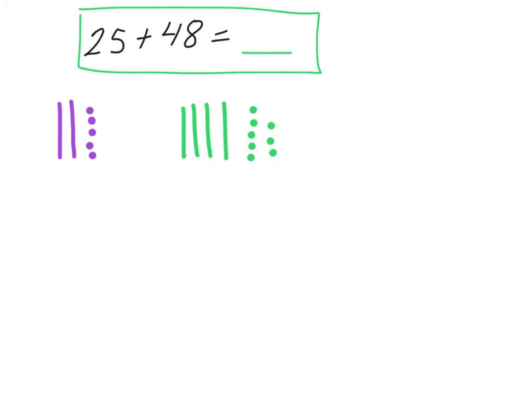Well, 8 plus 2 equals 10. So what we're going to do is take 2 ones and move it over to the 8 in order to make it into a 10. So now we have a 10.